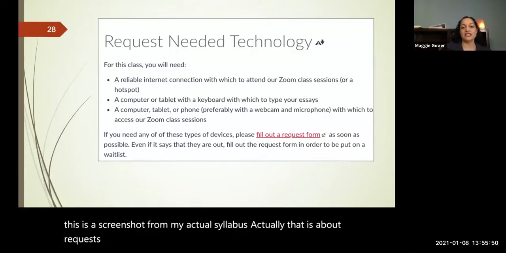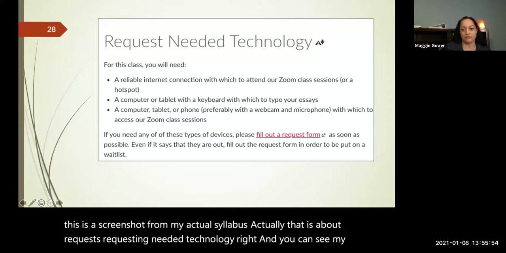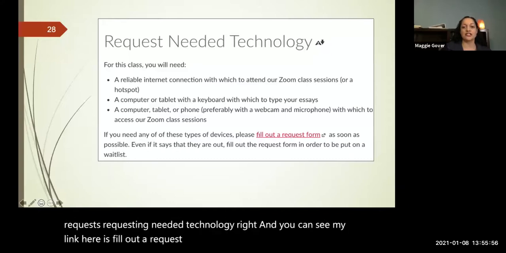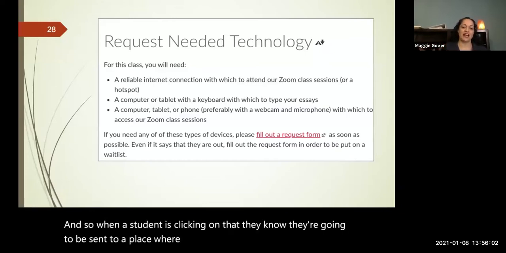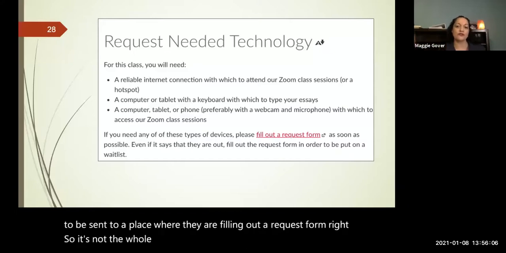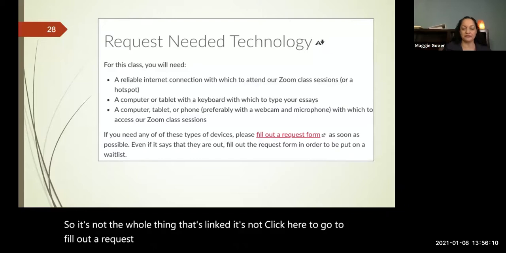You can see my link here is fill out a request form. So when a student is clicking on that, they know they're going to be sent to a place where they are filling out a request form. So it's not the whole thing that's linked. It's not click here to go fill out a request form. It is, this is how you would do it.